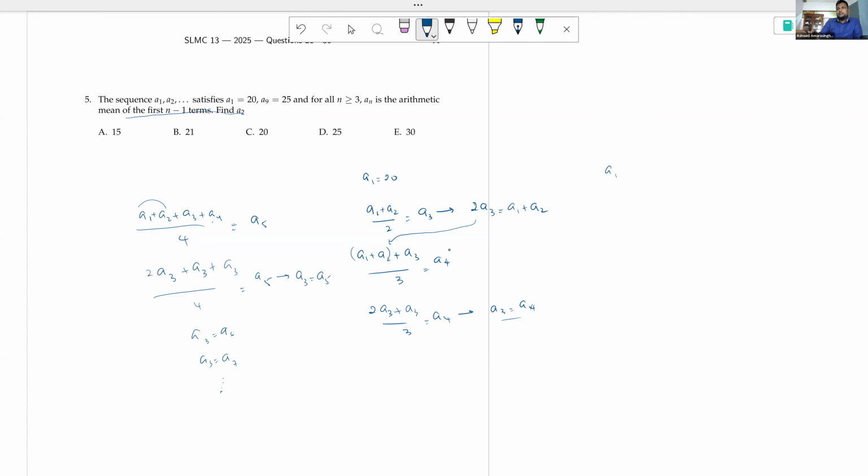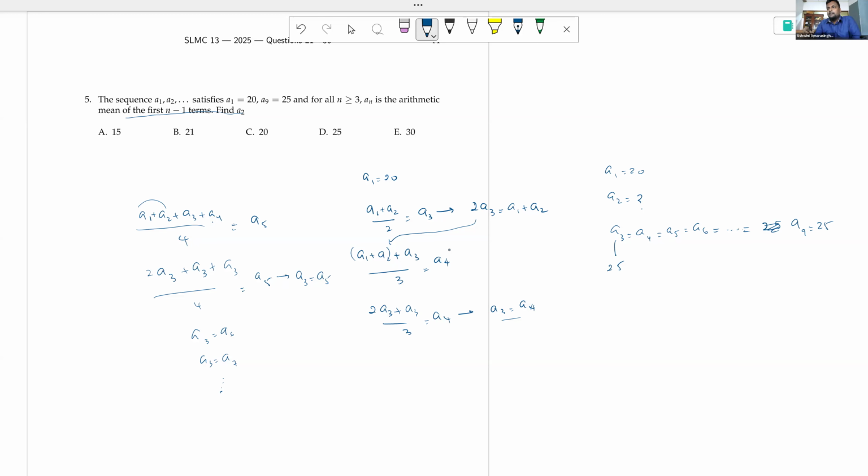So a1 is 20, a2 we don't know, a3 equals a4 equals a5 equals a6 and so on. And somewhere this is equal to a9, which is 25. So a3 is also 25.